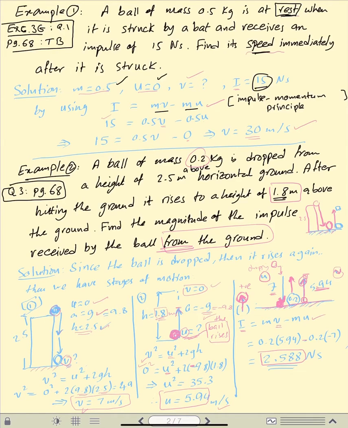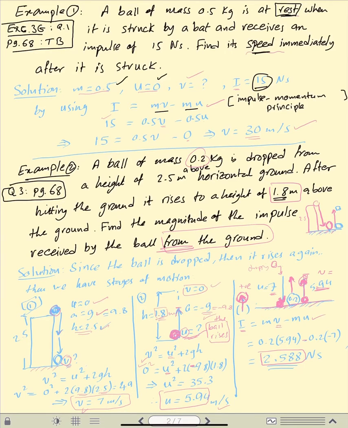Then the ball rises up. So this is the last part of the motion in this question. So 5.94 is V now, and 7 is U now. Easy, making common sense.